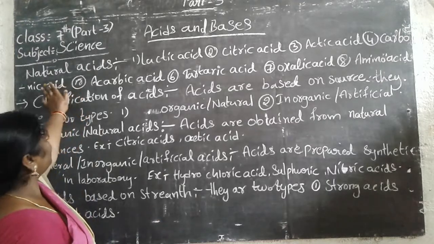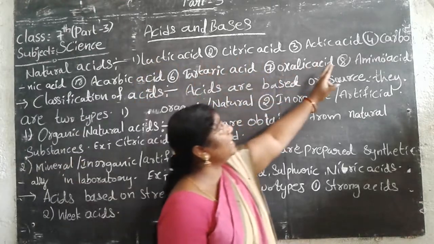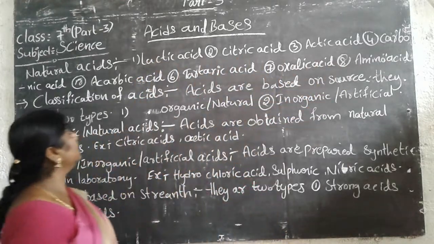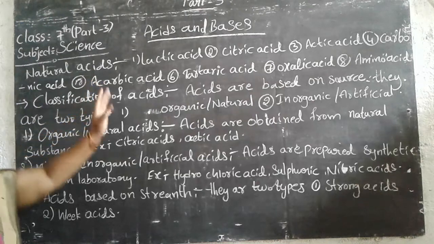How many types of natural acids are there? Lactic acid, citric acid, acetic acid, carbonic acid, ascorbic acid, tartaric acid, oxalic acid, and amino acid. These are the 8 natural acids.